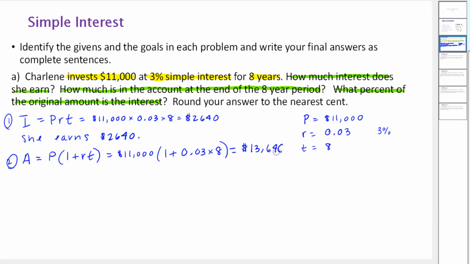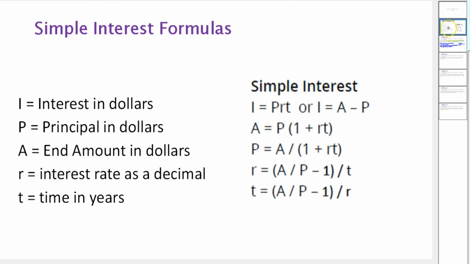Okay. So the end amount is $13,640. Let's just take 1 second to note some relationships here. Here, I didn't use this formula, but interest can also be found by the end amount minus the principal.